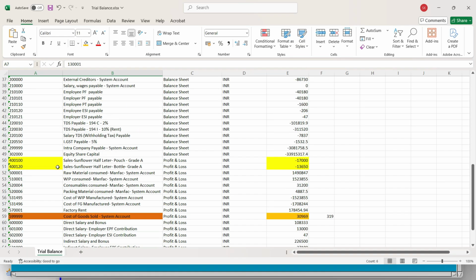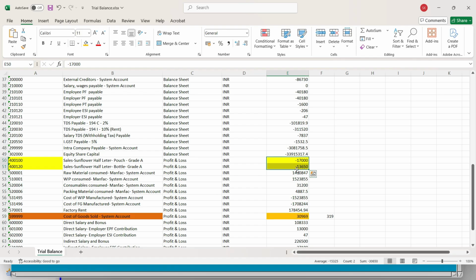Now when you actually raise the sale, that is the moment you raise a sale invoice, the system will pass an entry for cost of goods sold, and you can see the cost of goods sold for a manufacturing entity. So if the sale is of goods, either you are a trading entity or a manufacturing entity, immediately the system will recognize the cost of those items in your P&L as cost of goods sold.